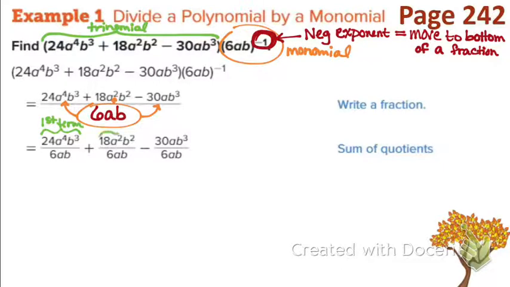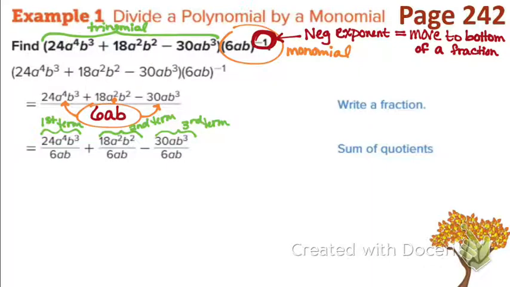And then we've got our second term over our monomial. And finally, we have our third term over the same monomial. And now we need to simplify each one of these fractions.